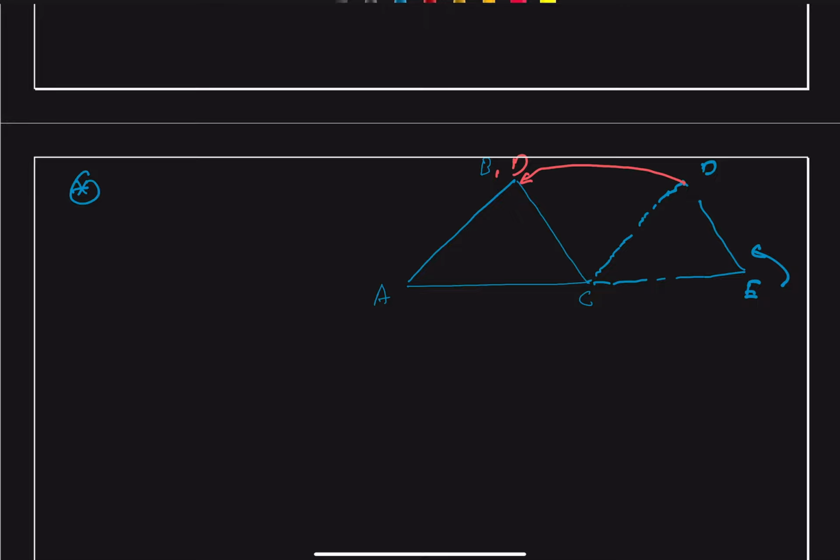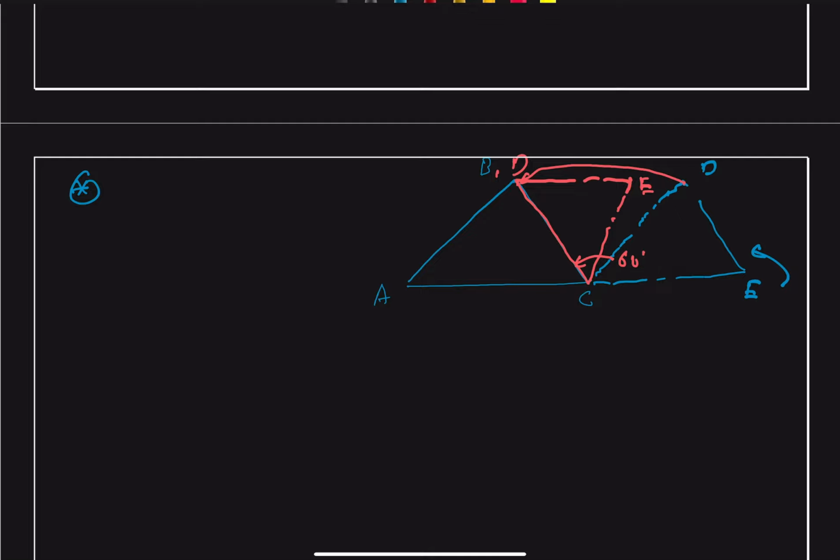D and C will be along this line, and E will be somewhere here, and this will be the final figure. The angle between the two is 60 degree, so the rotation has to be 60 degree.